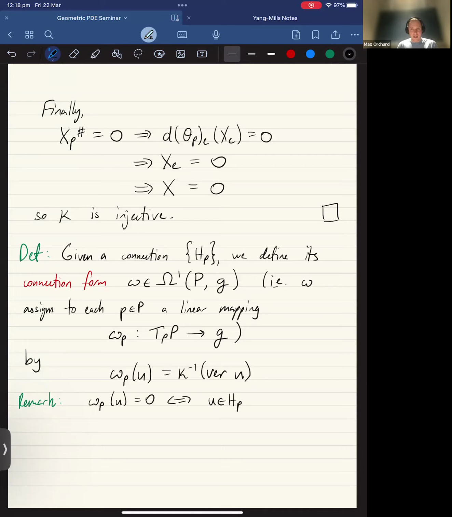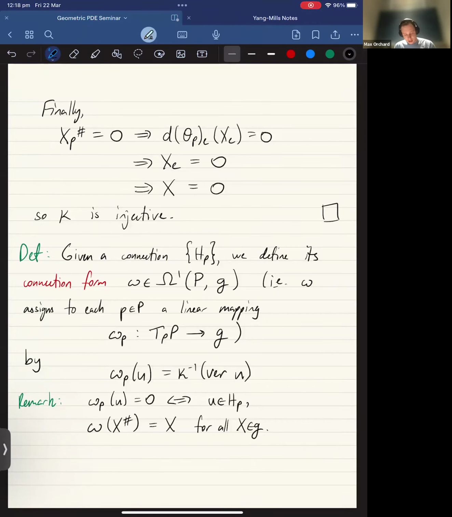So essentially, the way that we detect that we're a horizontal vector is that this connection form sends you to zero. And finally, it's also immediate that if we look at this connection form of a fundamental vector field, we just get X back by the definition of kappa and omega. So these are two immediate consequences of the definition.